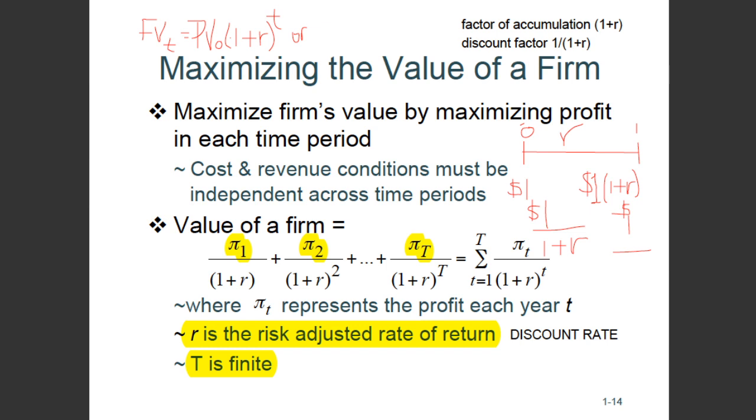Or you could write this as from the present time, now, so 0 is for now, today.